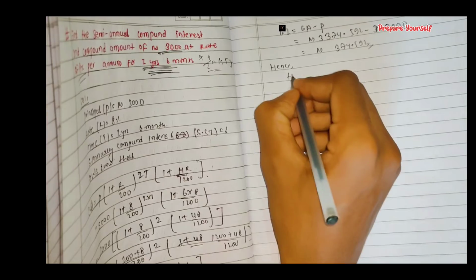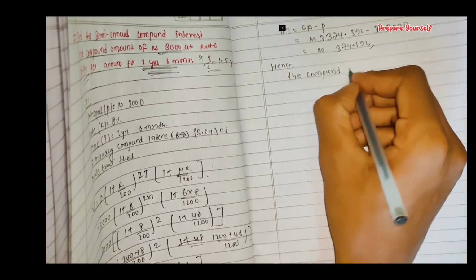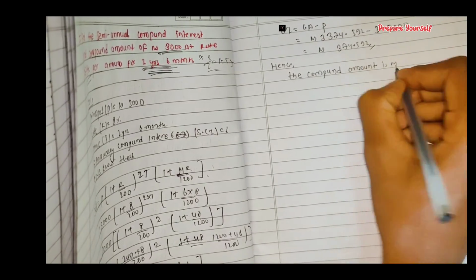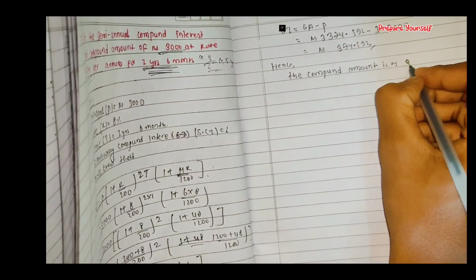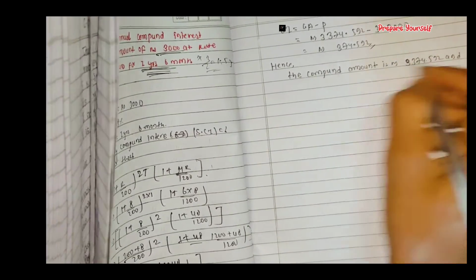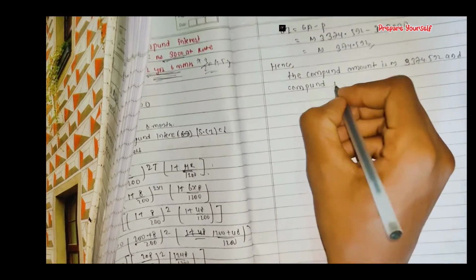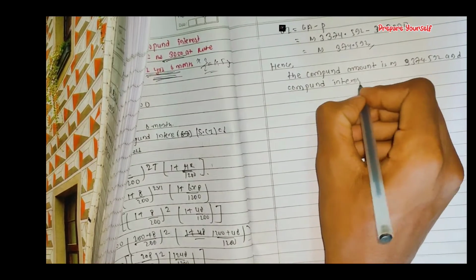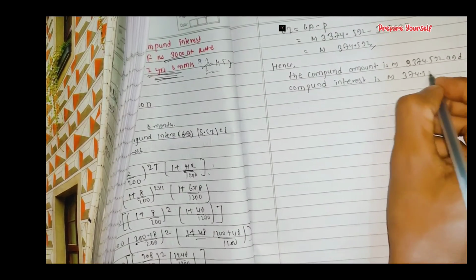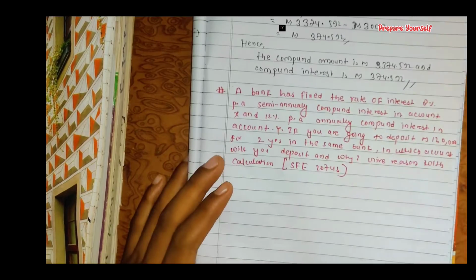Hence the compound amount is Rs 3374.592 and the compound interest is Rs 374.592.